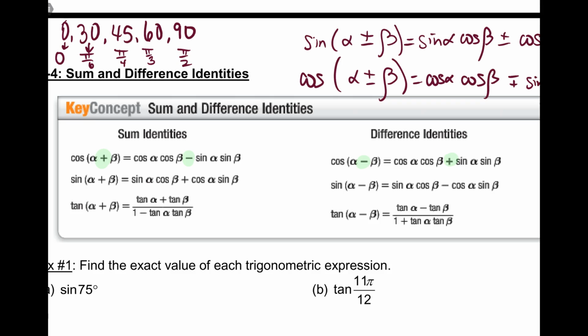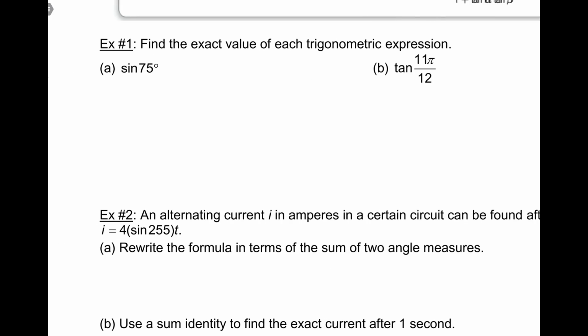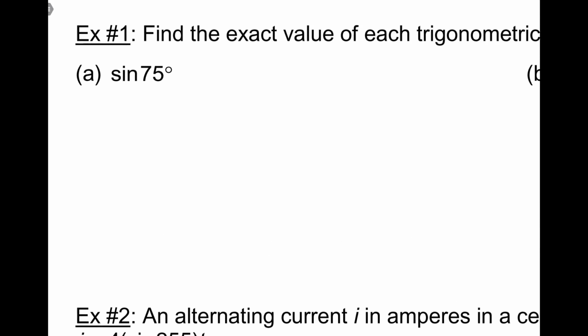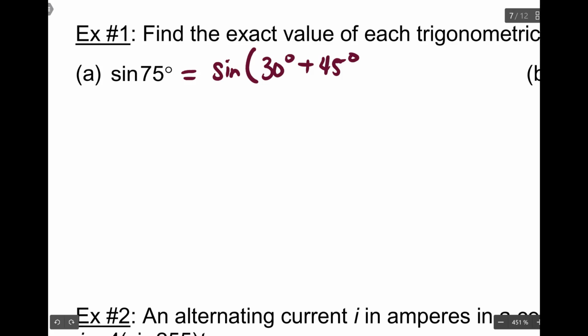But what if I have something like example 1a? Sine of 75 degrees. I could guess and I'll be close, but I don't know the value of sine 75. But I can rewrite this as sine of 30 degrees plus 45, because 30 plus 45 is equal to 75. So let's see.